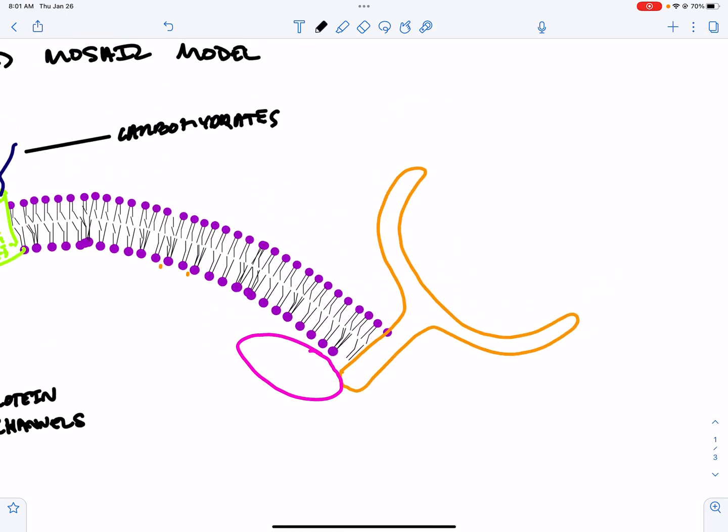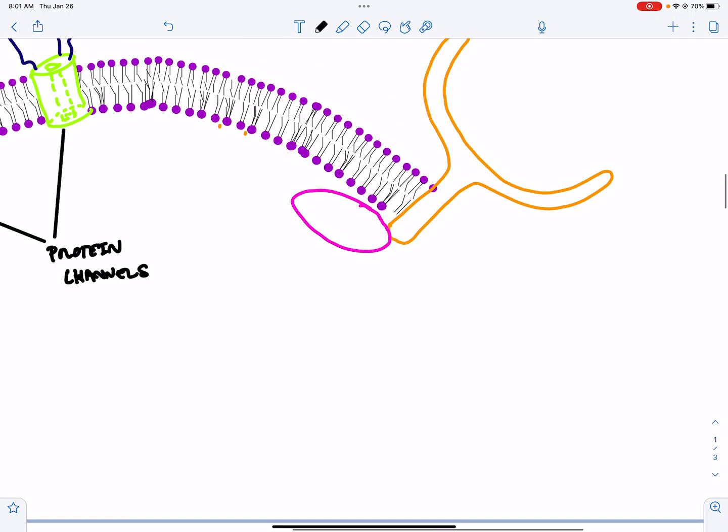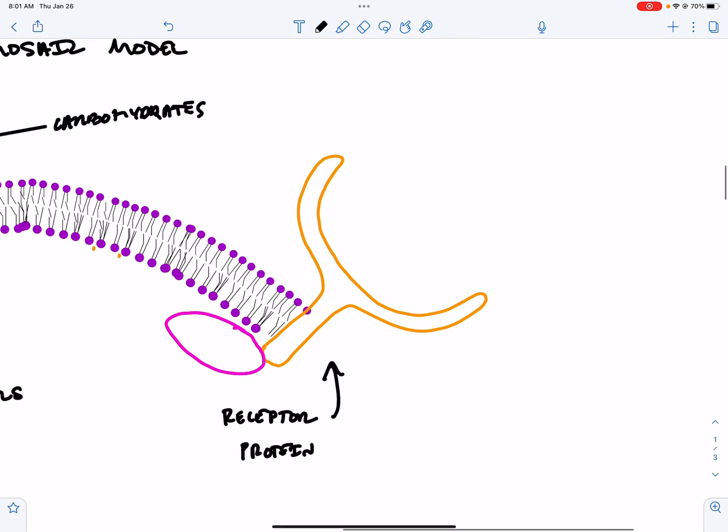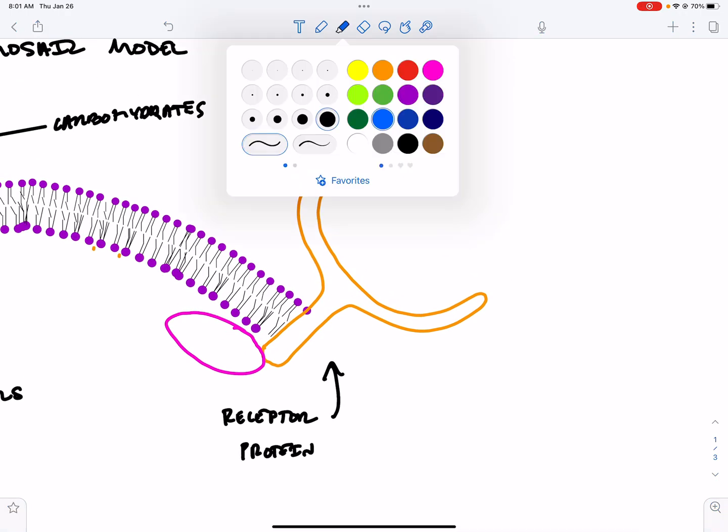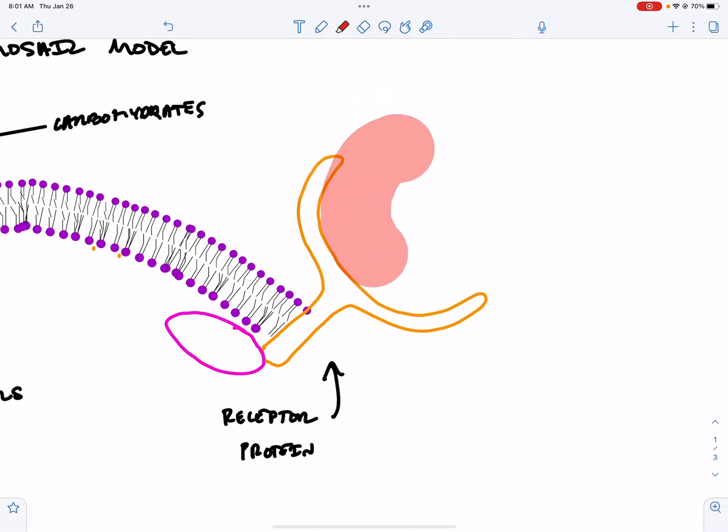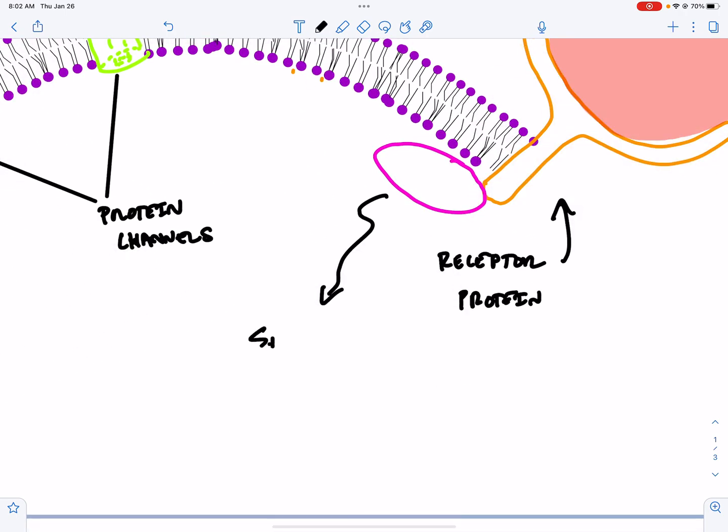And then here is an example of a receptor protein. So a substrate is going to come in and bind to this protein, and that is going to cause a conformational change somewhere in here. And this transmembrane protein is going to kick off this protein, which is then going to go out into the cell. It causes a signal cascade.